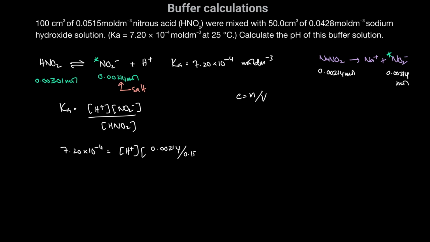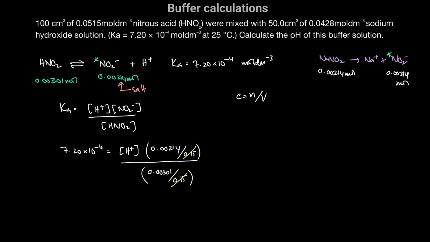And we're going to find the concentration of HNO2 in a similar way. We know that the concentration of HNO2 is again the number of moles per unit volume. We have the same volume, same solution. We have 0.00301 divided by 0.15. Now here again the volumes will just cancel.